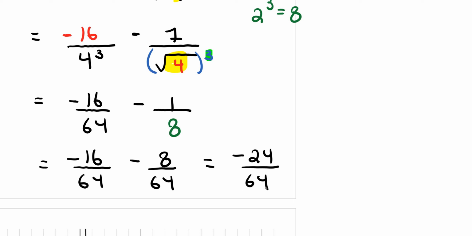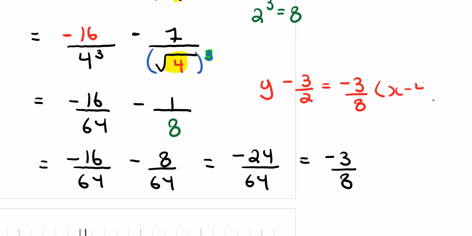And then if I convert that to a fraction, I would get negative 3 over 8. Okay, so that was a very long question. So the final answer should be y minus 3 over 2 equals negative 3 over 8 bracket x minus 4. So a little bit of some mental math to finish off that last question there.